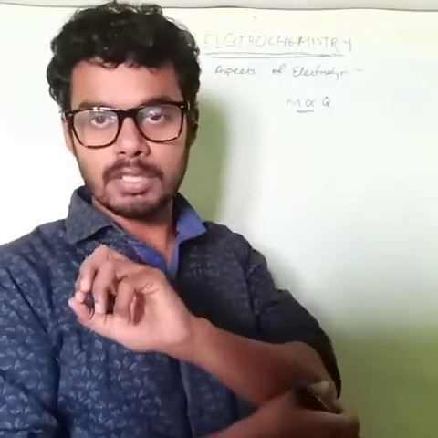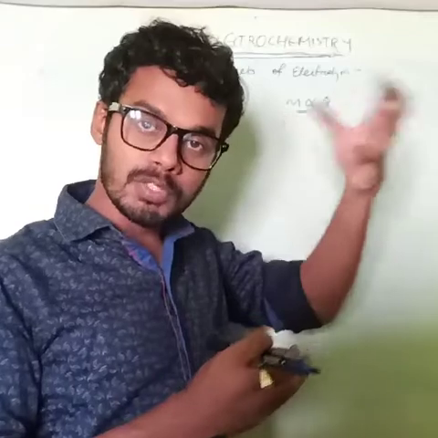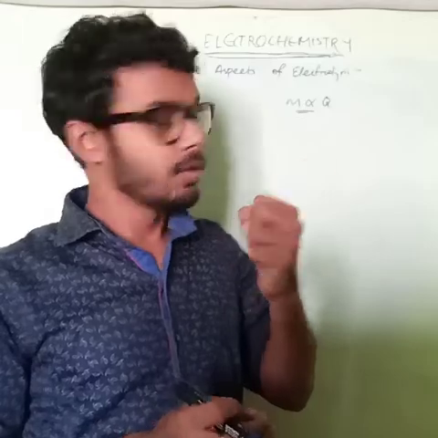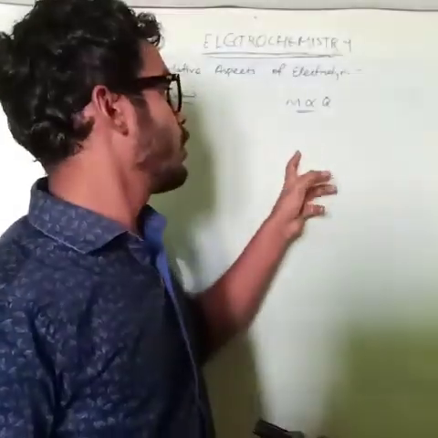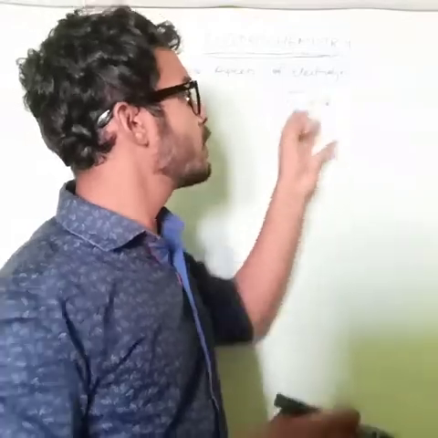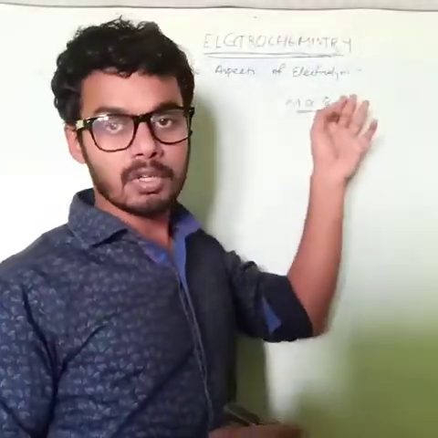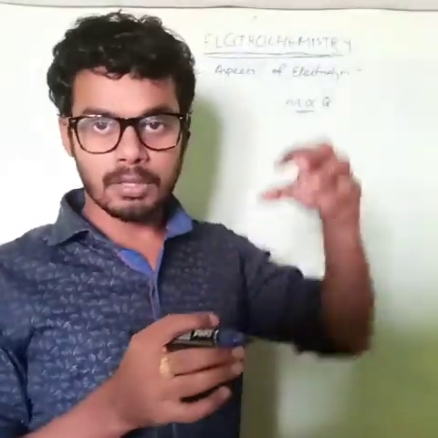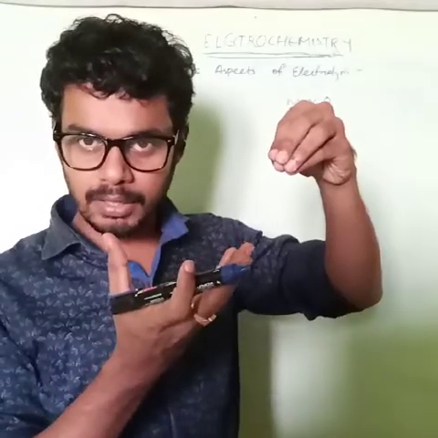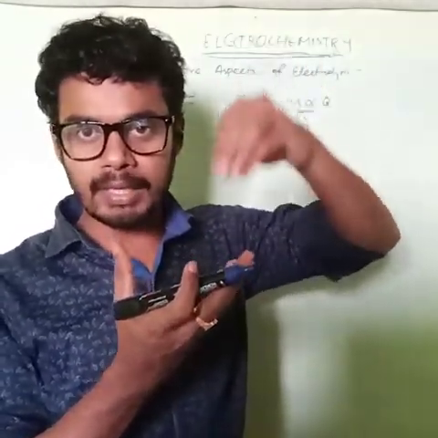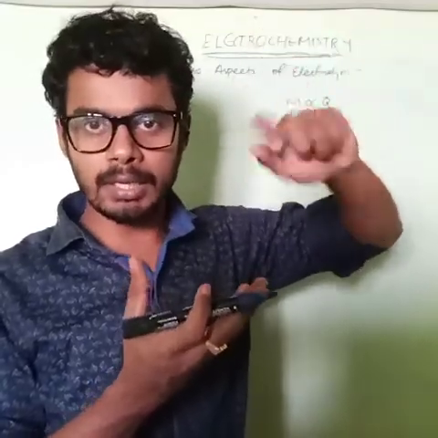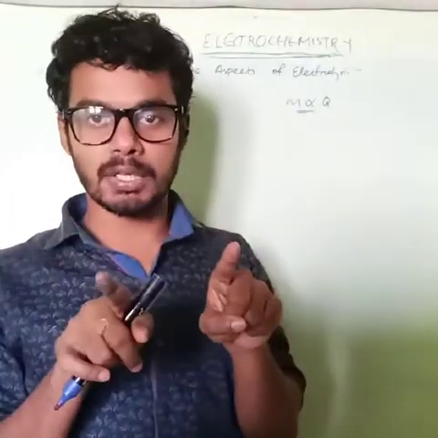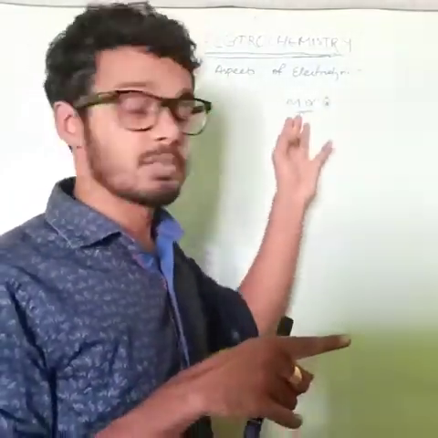Whenever electrolysis occurs, something is deposited, there will be some deposition, there will be some reduction, right? So the amount of deposition is directly proportional to Q, which is nothing but your charge or electricity passed. Electrolysis means applying electricity to give a chemical change, right? The more electricity you apply, the more deposition will occur. That is what directly proportional means. As you pass more electricity, the mass will be higher.